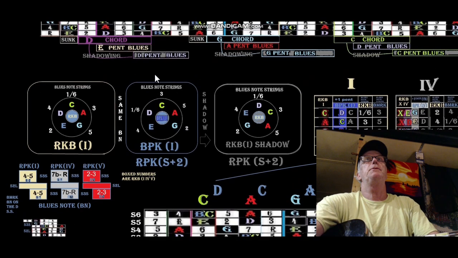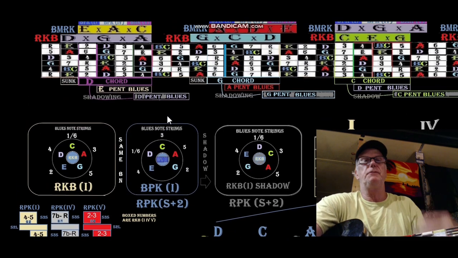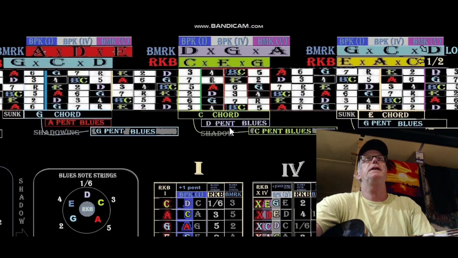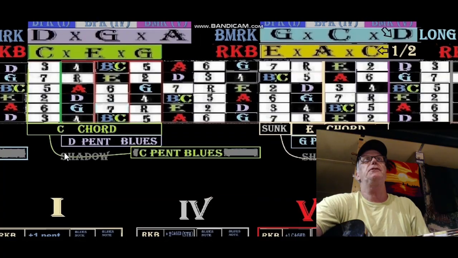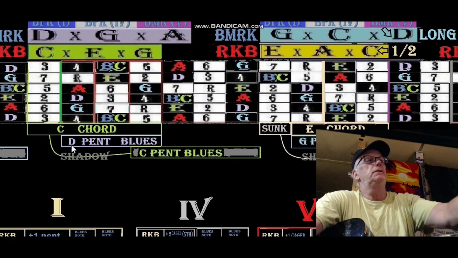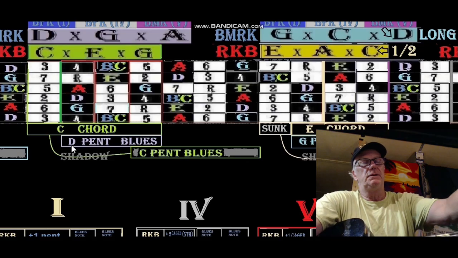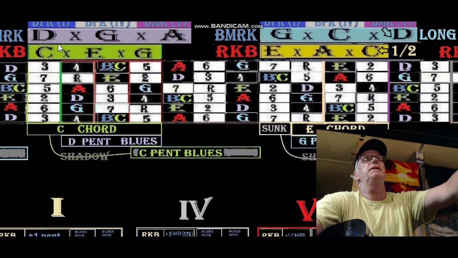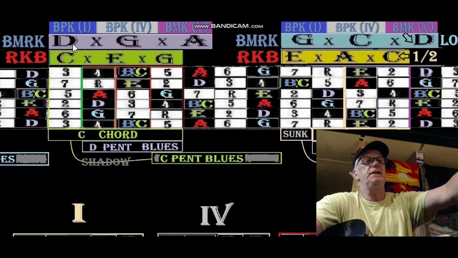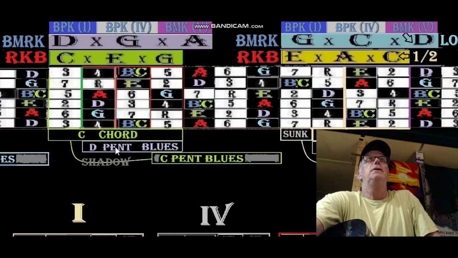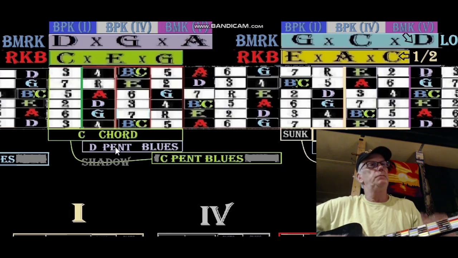So the D shape is obviously for the C box, because I happen to know that the key of the blues is 1 pent shape up, pentatonic scale, C D E G A. So for C root key, the key of the blues is D. So that's if we were playing the blues in C.